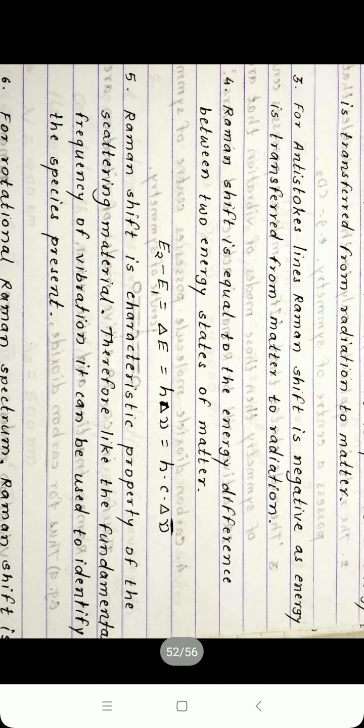That Raman shift is a characteristic property of the scattering material. Therefore, like fundamental frequency of vibration, it can be used for identification of samples.